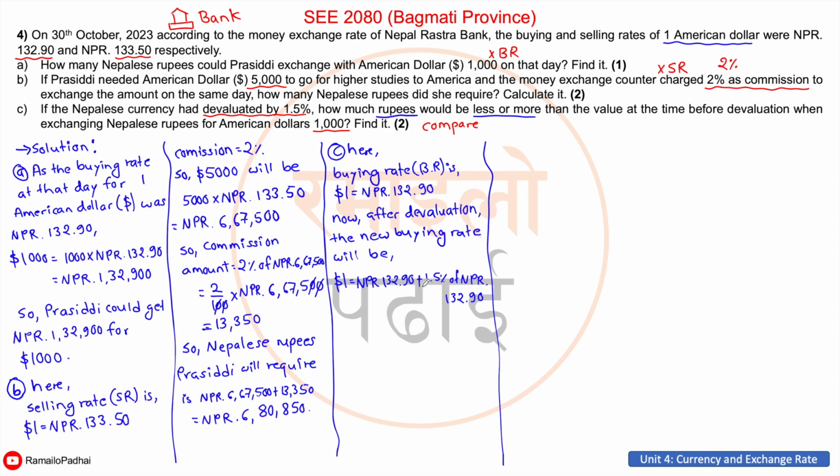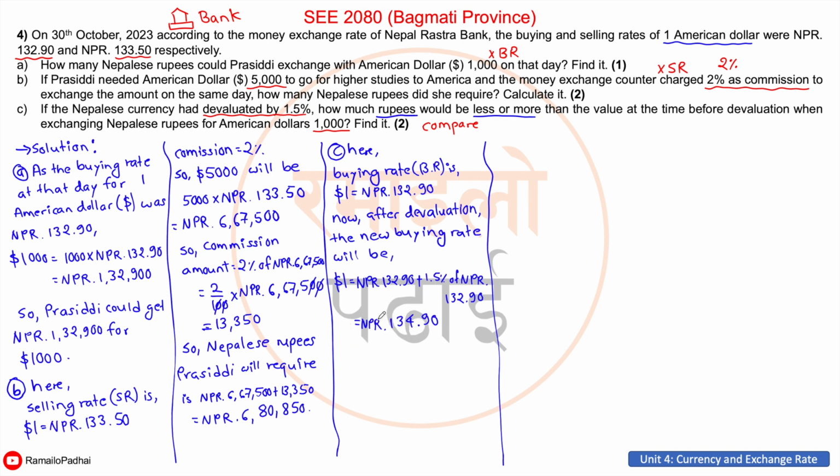Why are we adding 1.5% of 132.90? It is because the Nepalese currency has devalued. That means 1 American dollar will give more Nepalese rupees than it used to give. So this will give us NPR 134.90. So this will be our new exchange rate.